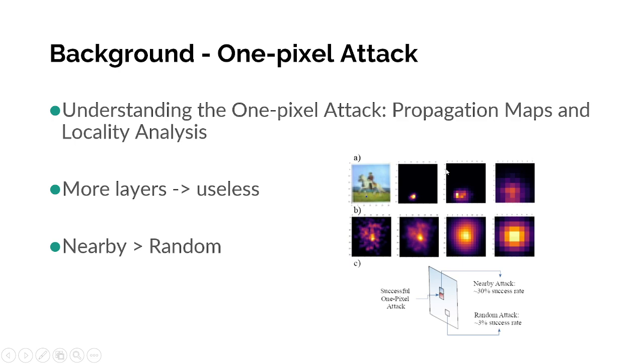And we need to explain why we can change only one pixel and change the outcome of the machine learning model. In the original input layer, maybe we just change one pixel, but as you know, deep learning has many layers in its structure.